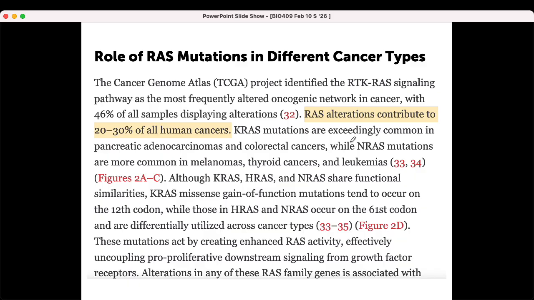It's RAS, it's in the coding region, in the active site, but it expands because we have 3 different RASes and they're normally used in different places, just because they are in different parts of our body, right? So this KRAS must be used pretty commonly in the pancreas, right? And then it says NRAS mutation more common in melanomas, thyroid cancers, and leukemias, and stuff like that, right?